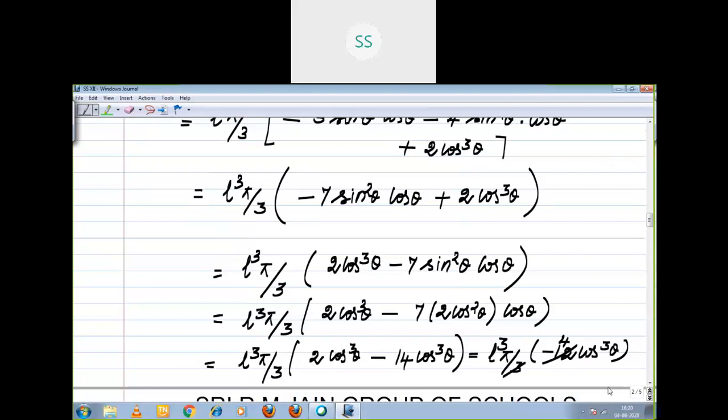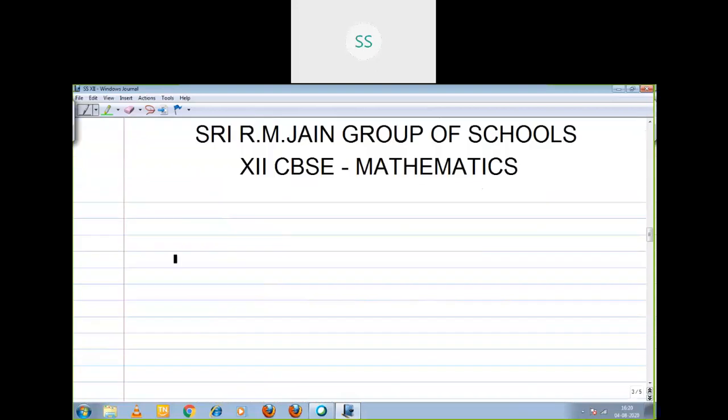So what do you arrive at? You are arriving at the negative result in the second order derivative. That is V double dash equal to minus 4 L cube cos cube theta, which is less than 0.